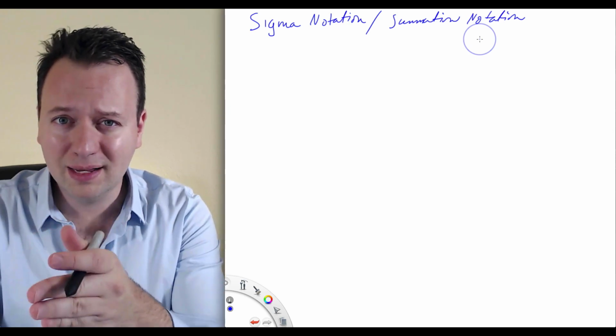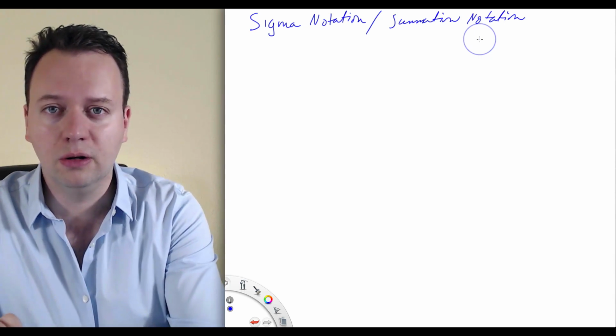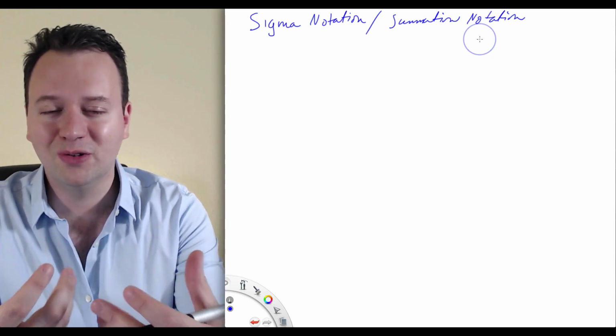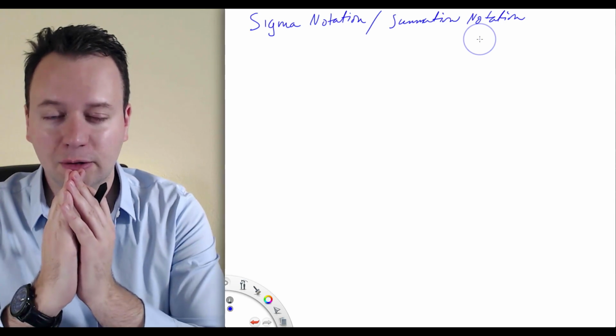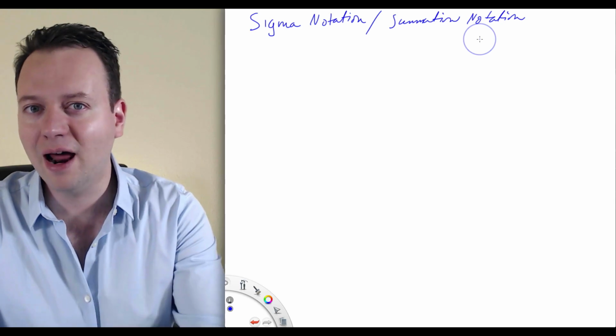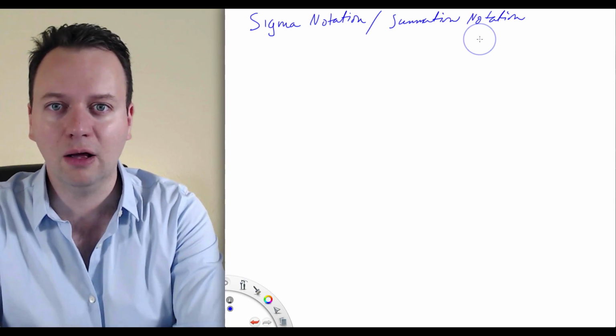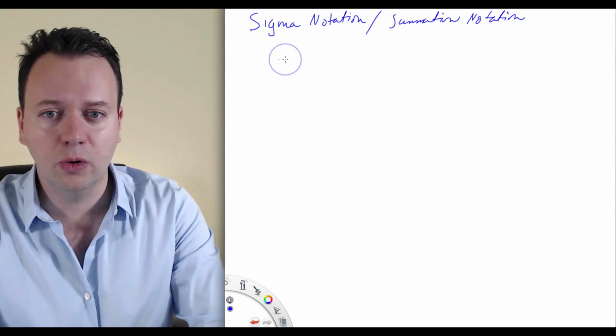So instead of writing a sum with 1,000 individual terms, we want a nice notation where we can write all the terms formulaically in a nice single piece. So we're not sitting there forever writing down 1,000 individual terms when there's a nice pattern that will capture the whole thing by itself. So this is how sigma notation works.